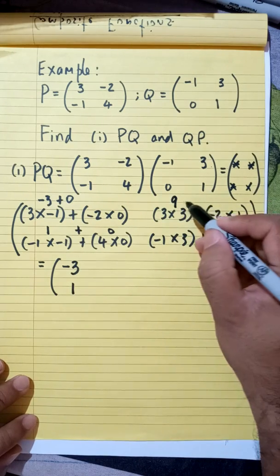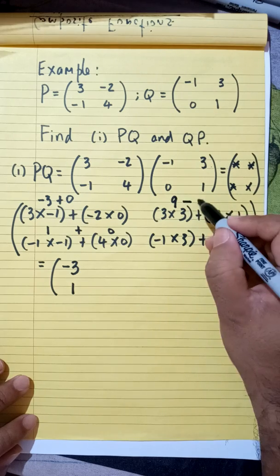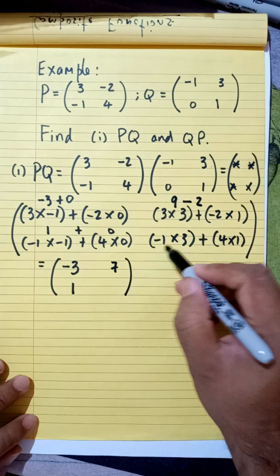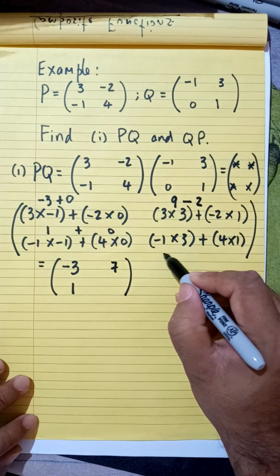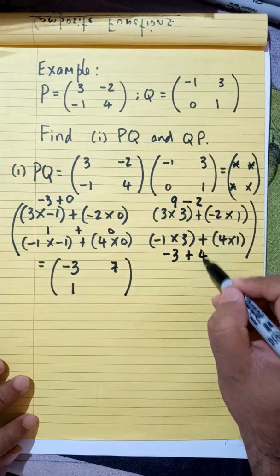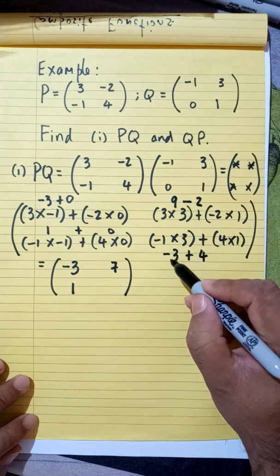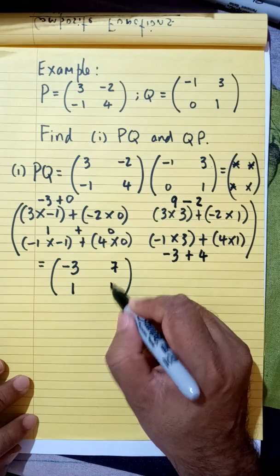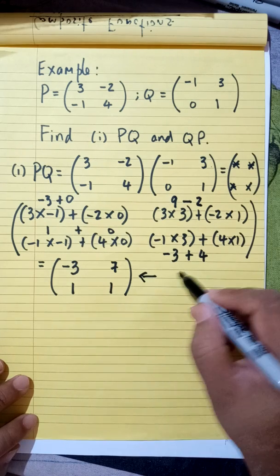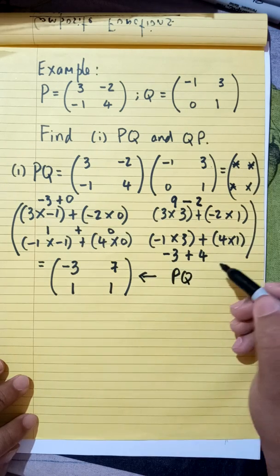A positive and a negative give you a negative. 2 times 1 is 2. 9 minus 2 is 7. -1 times 3 is -3. 4 times 1 is 4. -3 plus 4 is actually 1. So this, ladies and gentlemen, is PQ.